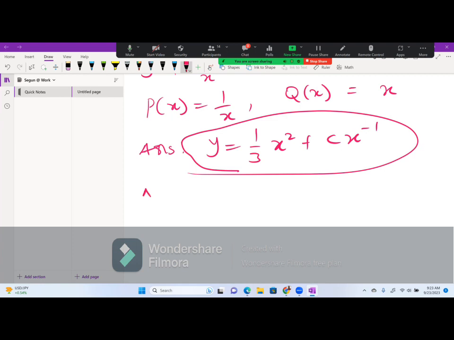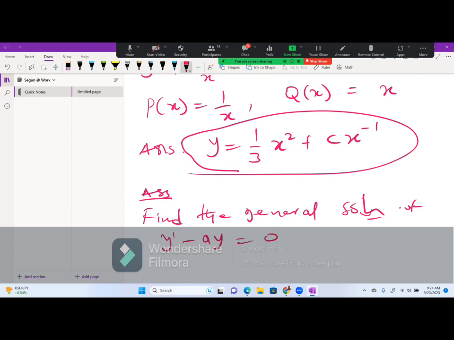Another assignment is this one: find the general solution of y prime minus y equals 0, y prime minus a y equals 0.